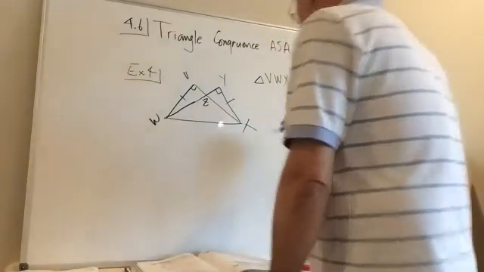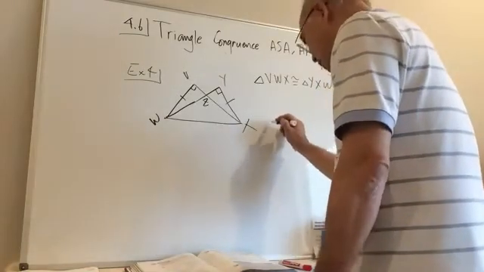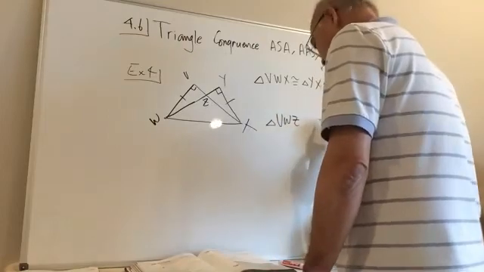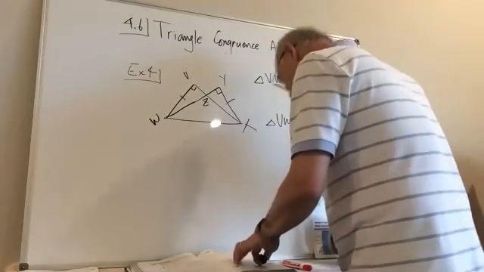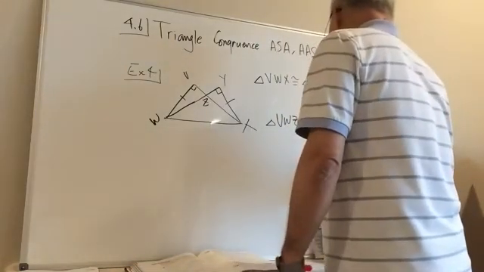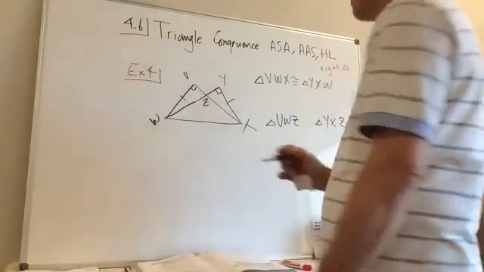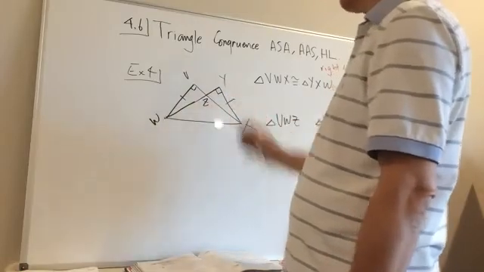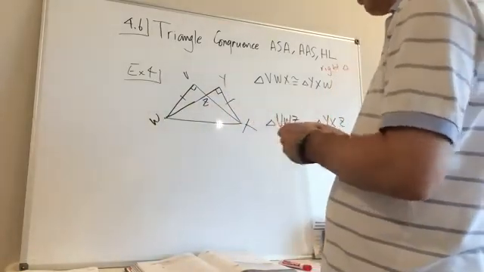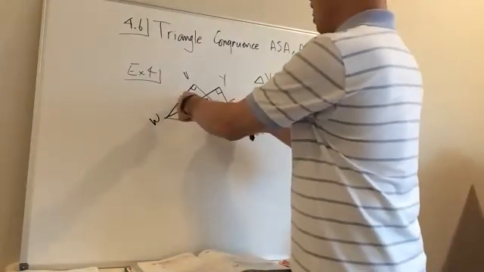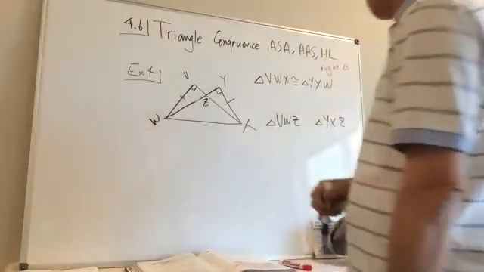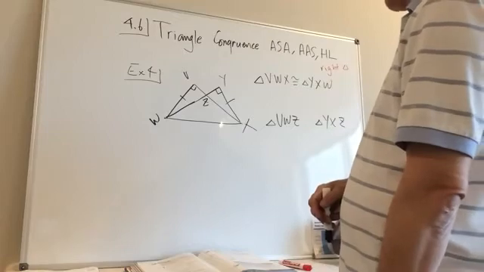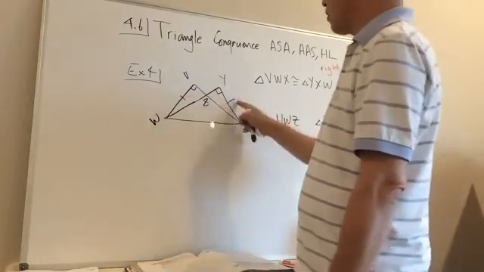And then in B, the triangles VWZ and YXZ. So these small triangles here. I know that these two are congruent.